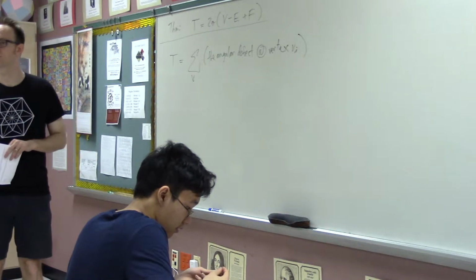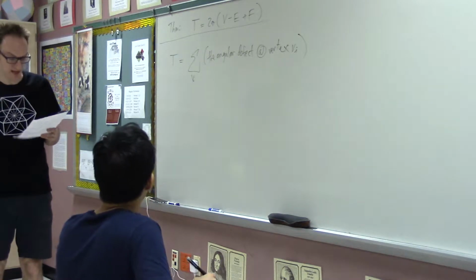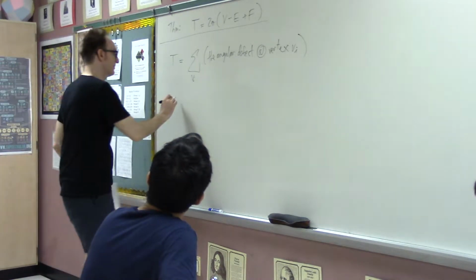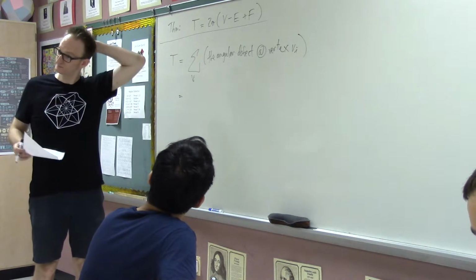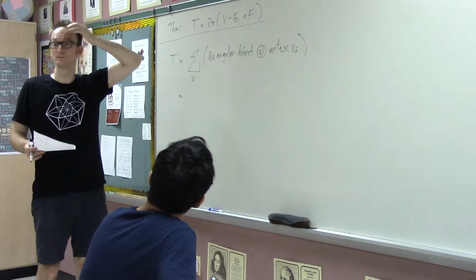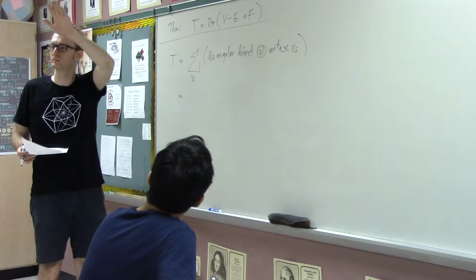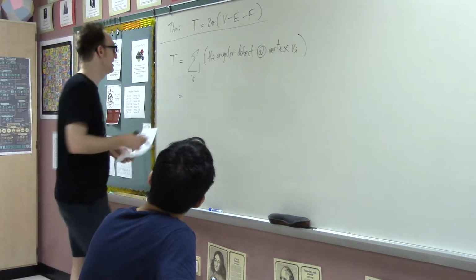Okay, next, please tell me what the angular defect actually is by definition. 360 minus the sum of all the angles. Good. Yeah, that's right.